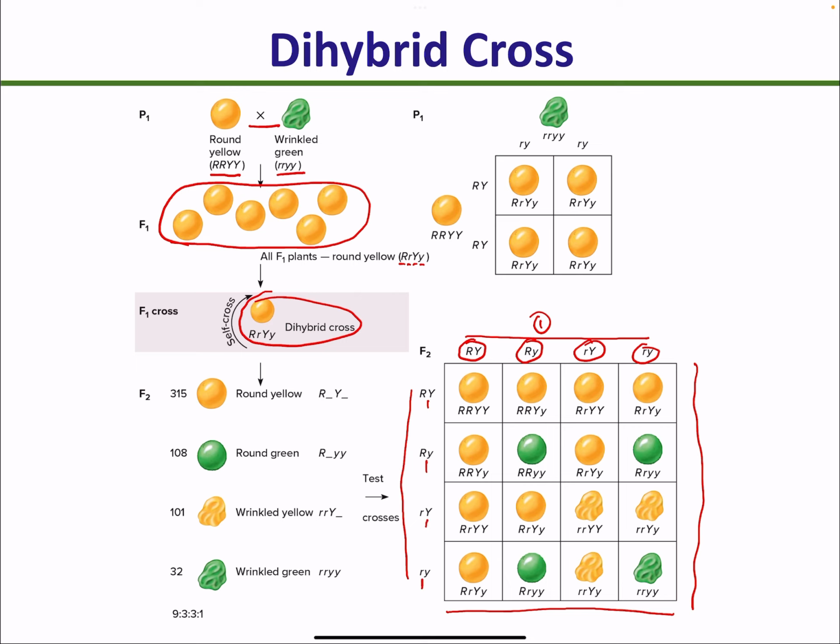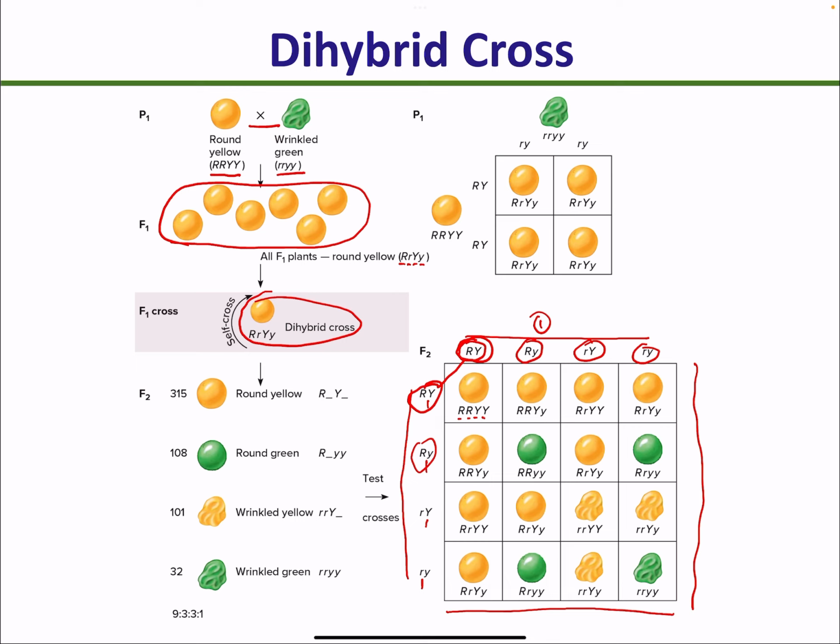And now we are going to cross the gametes. As we cross this gamete and this gamete, we end up with an individual that is capital R, capital Y, capital Y. And now this gamete, we are going to cross it with this gamete.